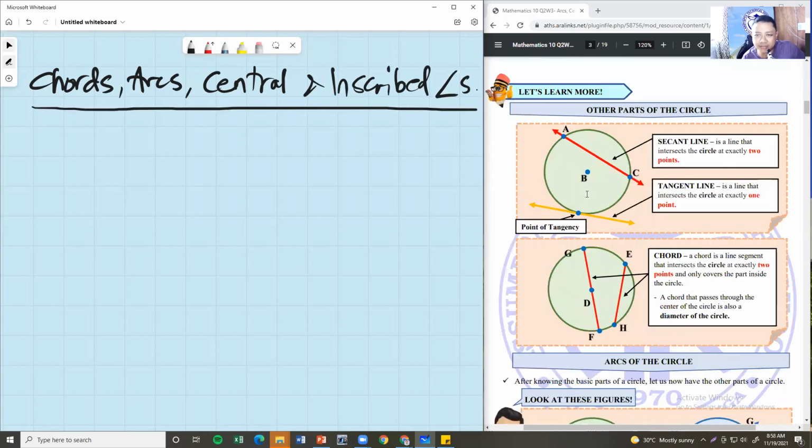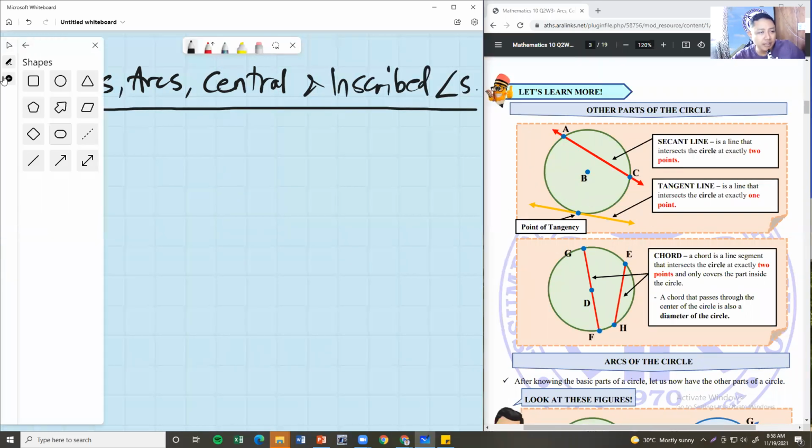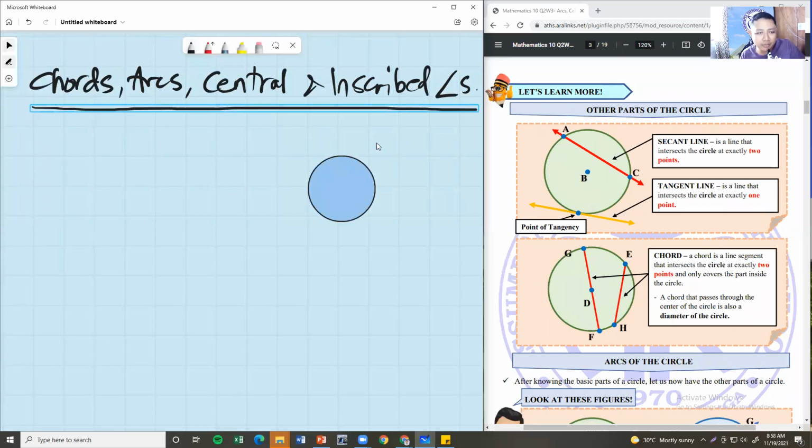Okay, let's have this first one. So let's have a short recall of our concept about circles.